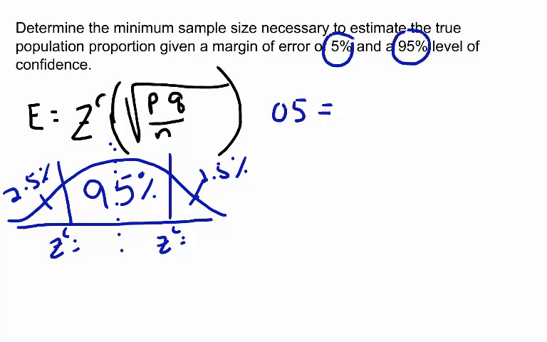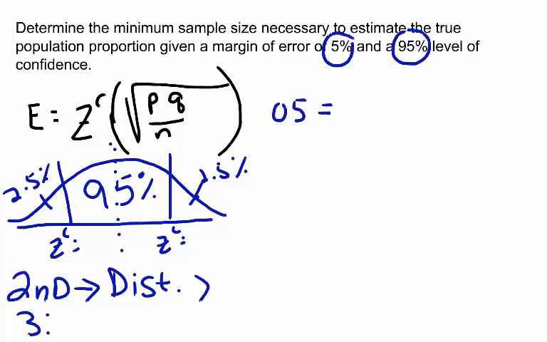We can use our inverse normal function on the calculator for a TI-83 or TI-84. You'll hit your second key, then distribution, which is above the variables key, option 3, which is inverse normal.